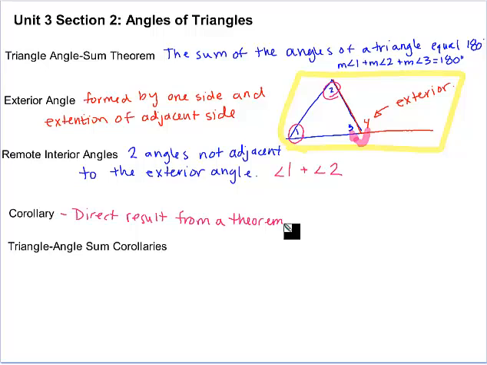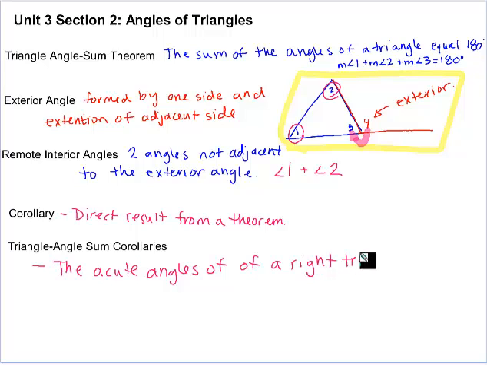Our theorem here is the angle sum theorem that says three angles of a triangle have to equal 180. So our two corollaries, the first one is the acute angles of a right triangle are complementary.